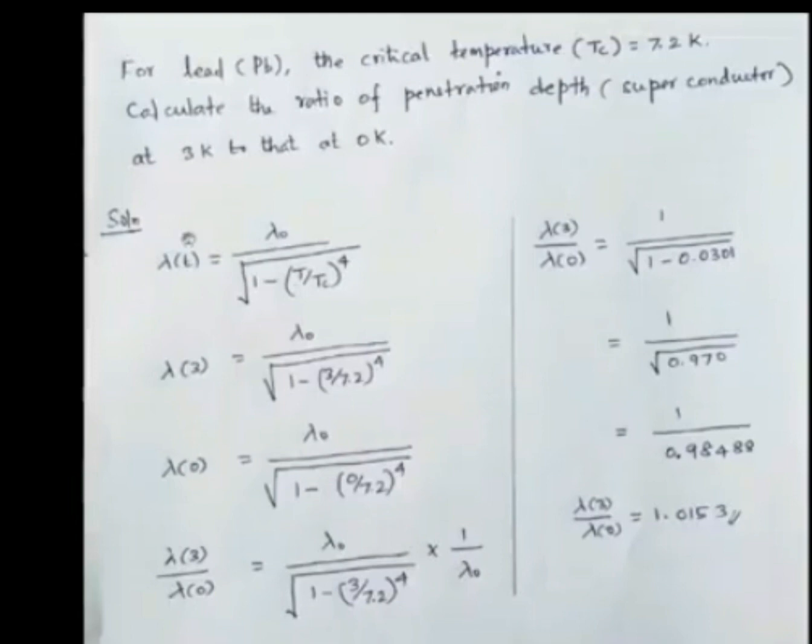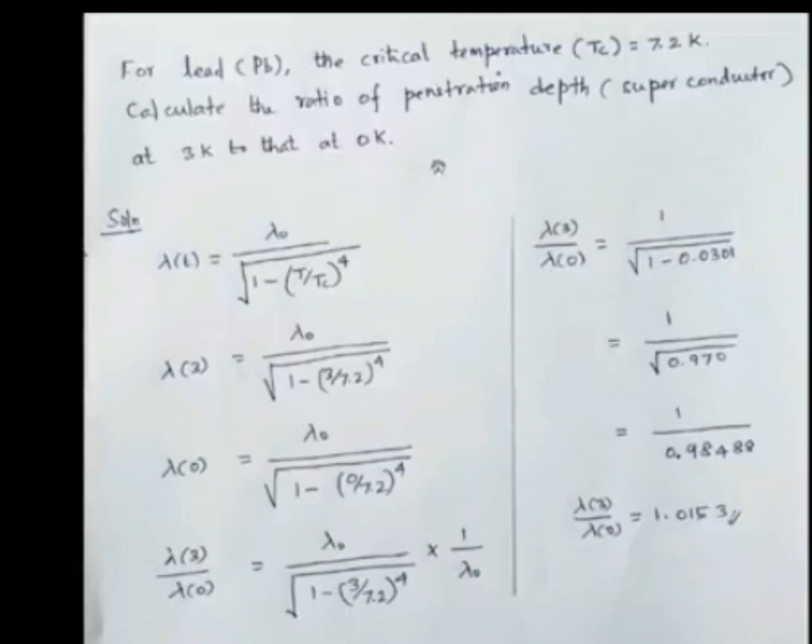Here lambda of T is the penetration depth for a given temperature and lambda naught is the London penetration depth at temperature 0 Kelvin. T is the sample temperature and Tc is the critical temperature of the given element.